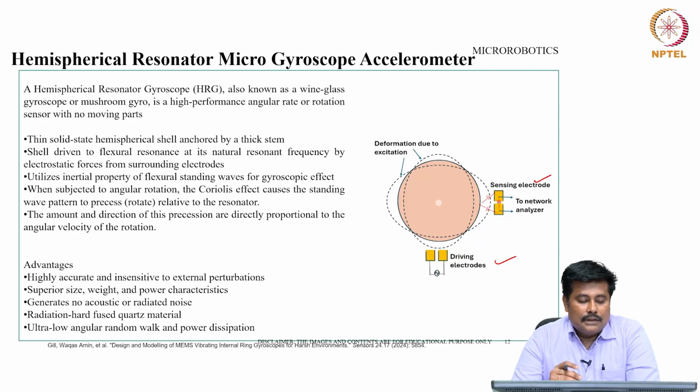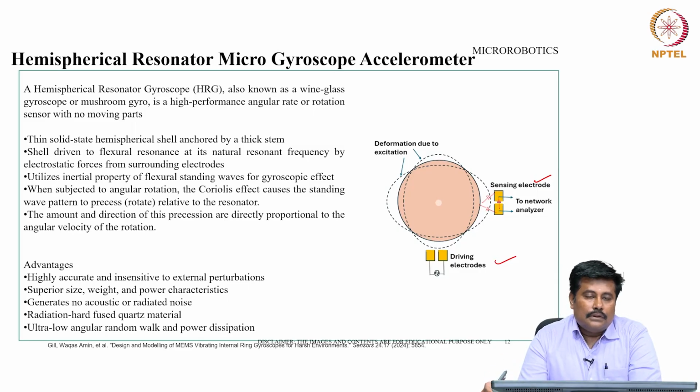This utilizes the inertial property of flexural standing waves for the gyroscope effect. When subjected to angular rotation, the Coriolis effect causes the standing wave pattern to precess relative to the resonator. The amount and direction of this precession are directly proportional to the angular velocity of the rotation.